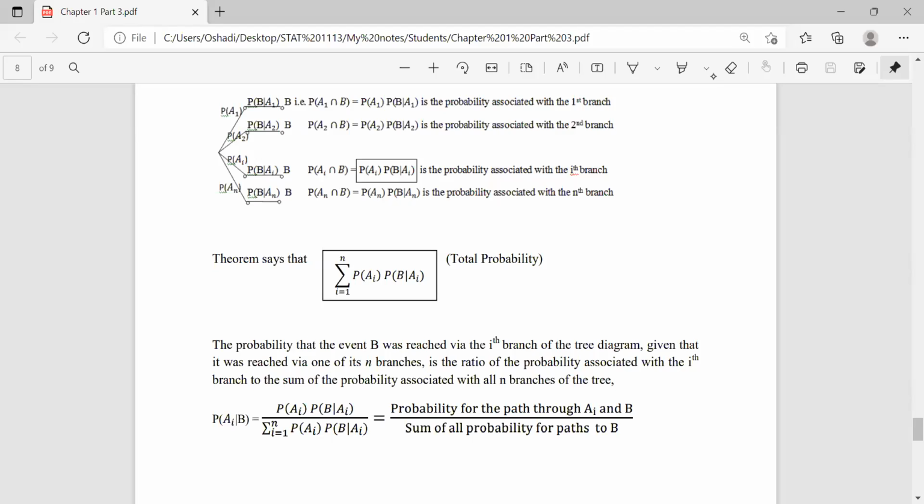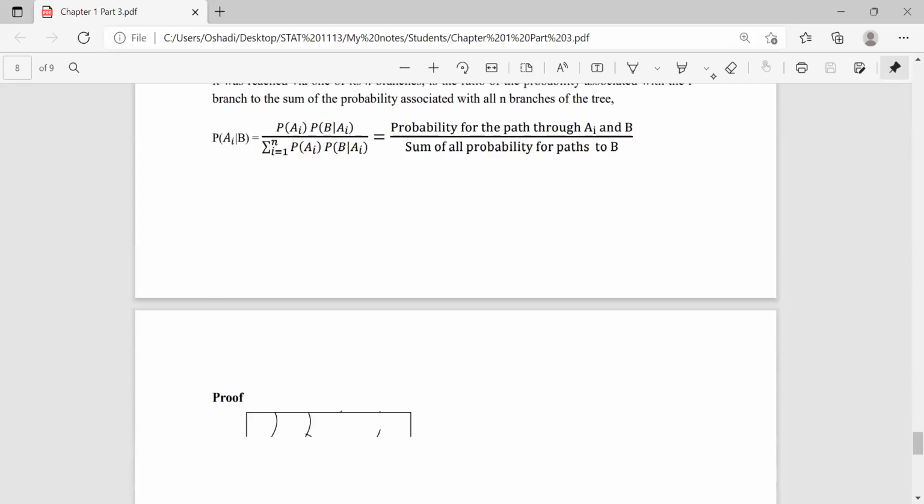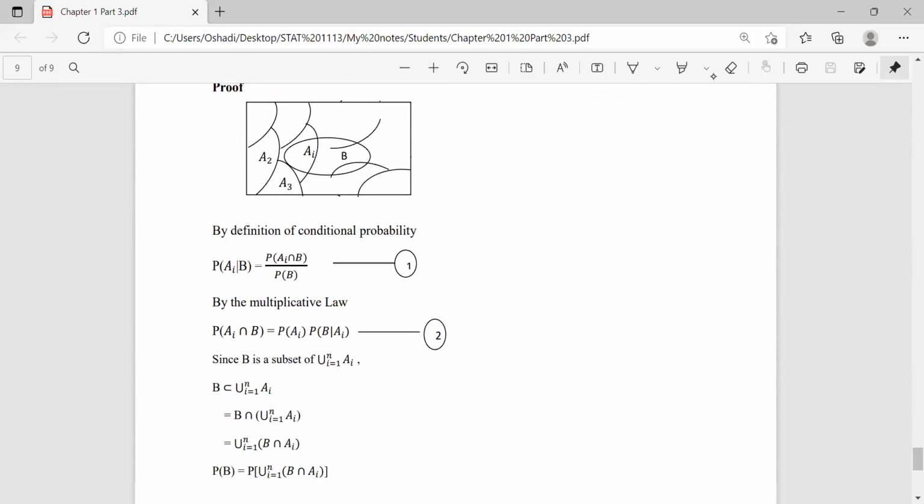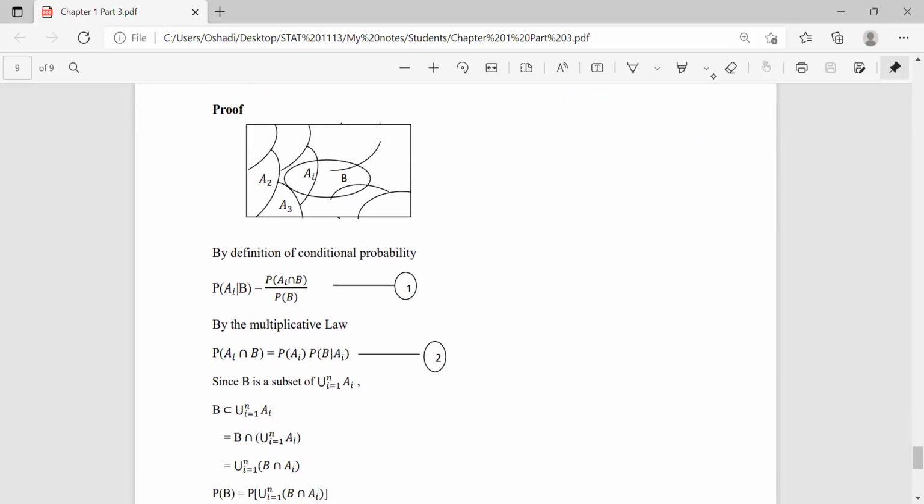Okay. So I think it's clear now. So the proof has been given.